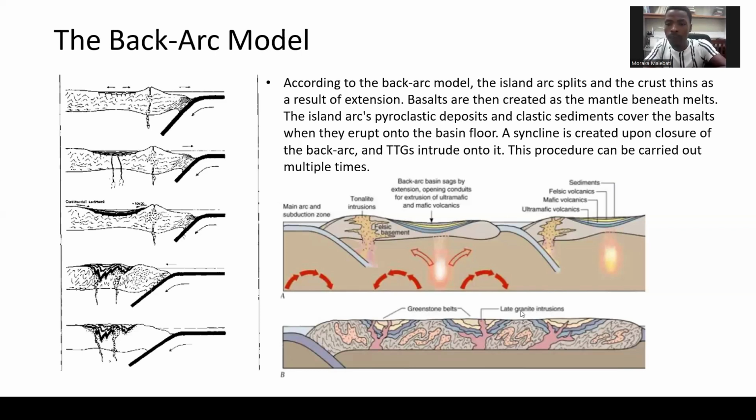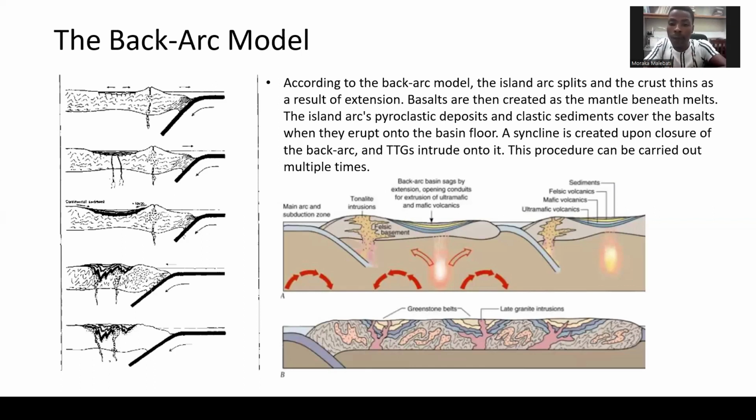All right. So this model, the back arc model, we can see explains well why we have greenstone belts with some syncline structures. So we formed the island arcs, and then we had this back arc basin.